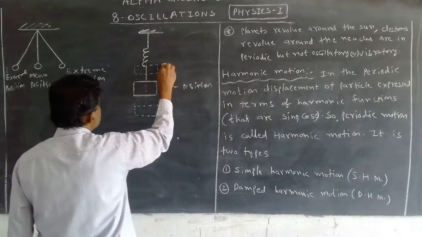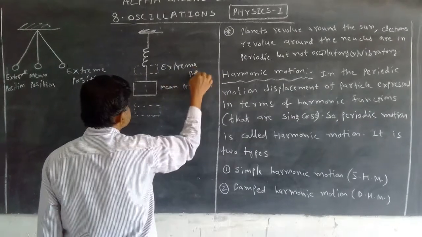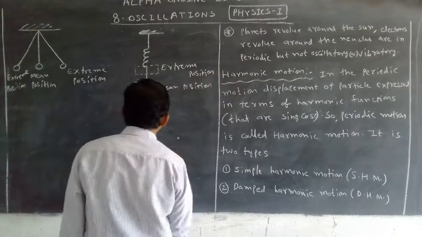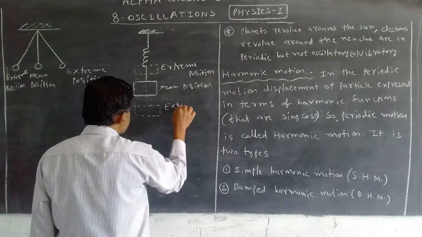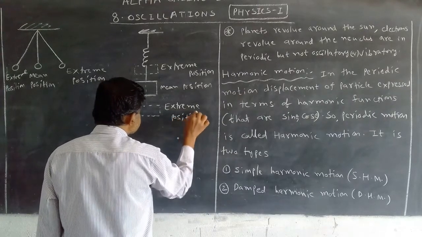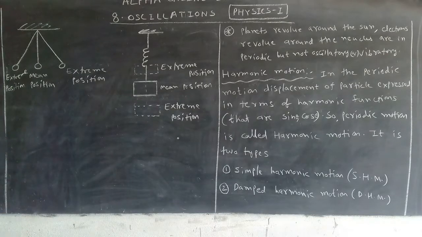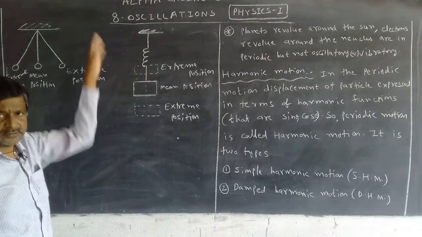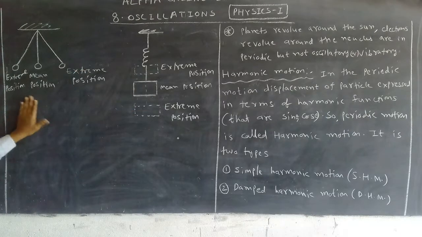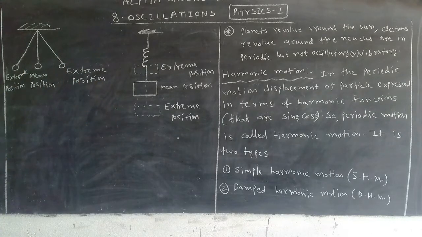These are the extreme positions. Okay, this is about the pendulum and the spring. It moves to and fro, up and down. This is a periodic motion. It is also a periodic motion.